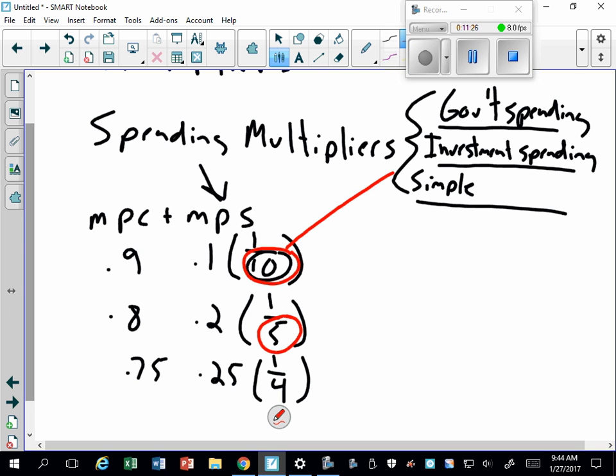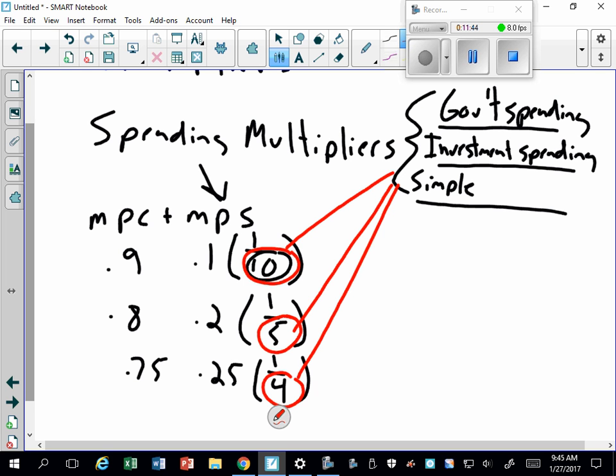If this is 1/5, all of these multipliers are going to be 5. If this is 1/4, all of these multipliers are going to be 4. So in many ways, if you confuse the government spending or the investment multiplier, a lot of times when you're doing the math, it's not going to matter because those multipliers are the same.